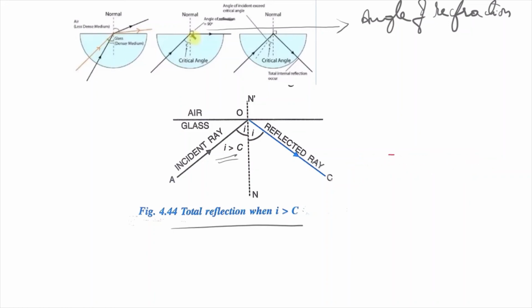When I is greater than critical angle, right? Is it clear? Now again, the two conditions for total internal reflection are: the light must travel from denser to rarer medium, and the angle of incidence must be greater than the critical angle of the pair of media.